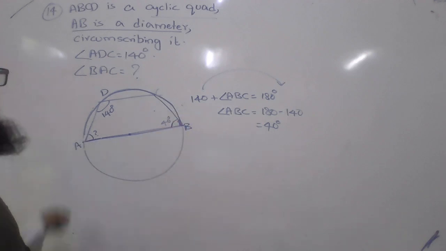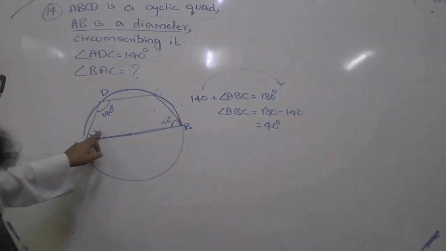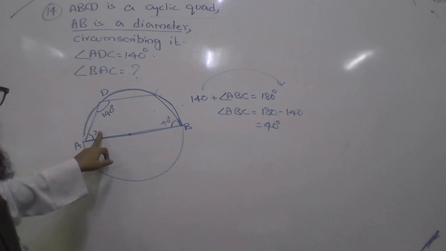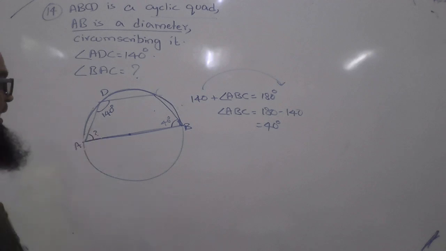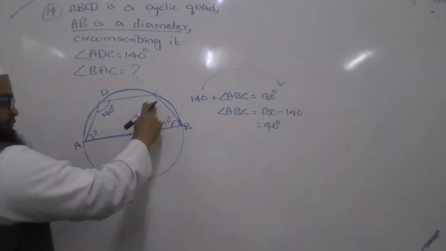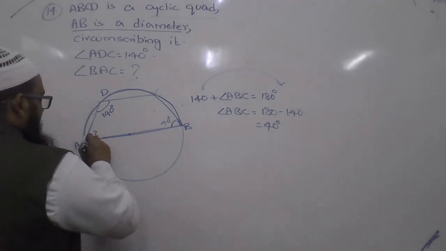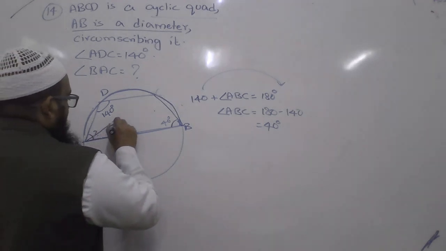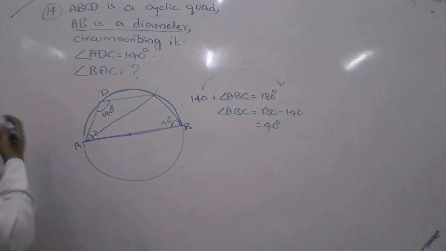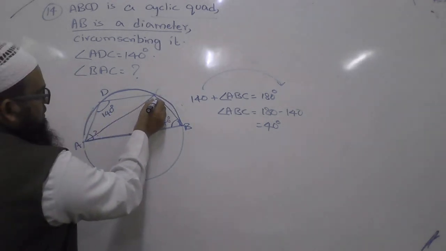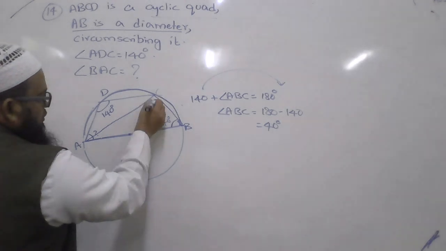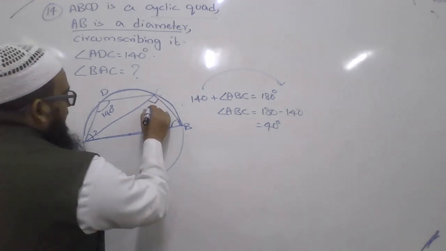Now what we have to find is BAC. We have to find this one, but we don't know it. How to find it out? If this is 40 degrees, what can we do? If I draw a line like this, what is this, my dear students? This is 90 degrees.